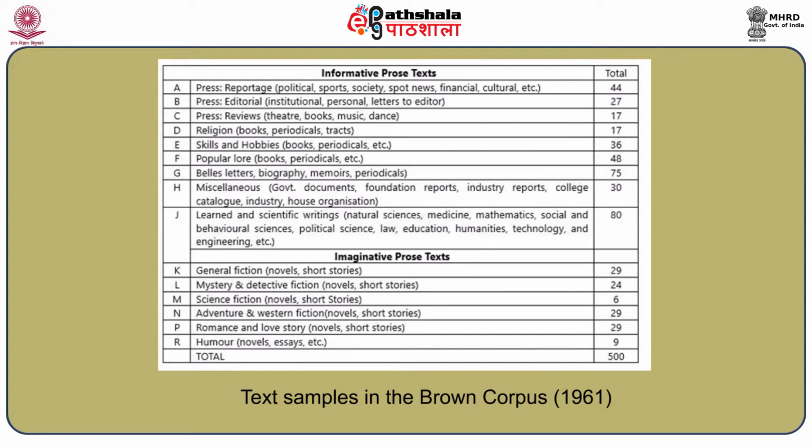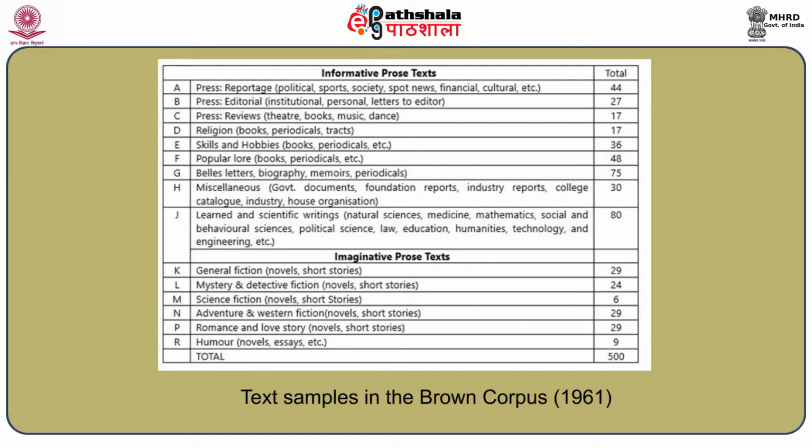The first part constituted the informative prose texts: press reportage, political, sports, society, spot news, financial, and cultural, etc. That constituted 44 texts. 27 texts were taken from press editorial, including institutional, personal, and letters to the editor, etc. 17 texts were taken from press reviews.